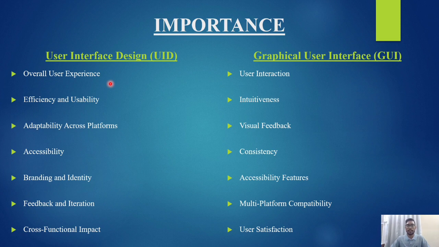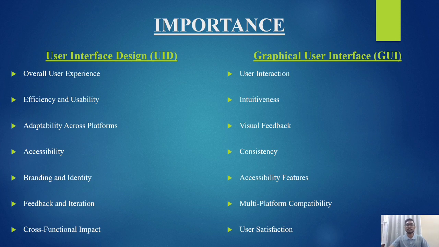Sixth is feedback and iteration. UI design provides opportunities for gathering user feedback and iterating on the design to improve user satisfaction. Seventh is cross-functional impact. UI design impacts the entire user journey from initial interaction to task completion and is closely tied to user satisfaction.